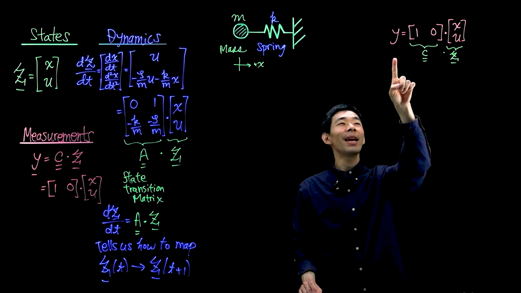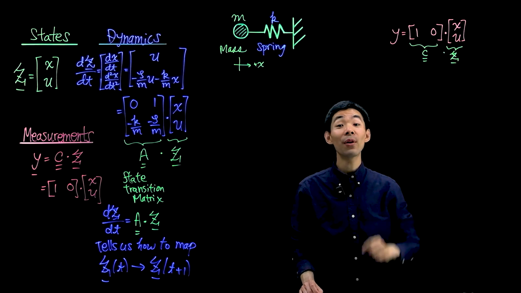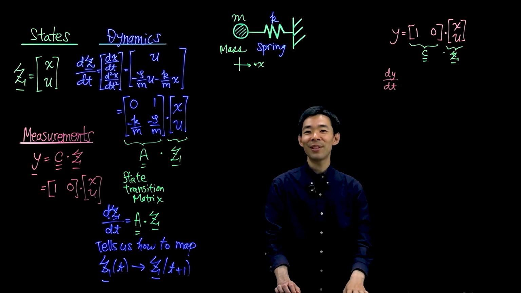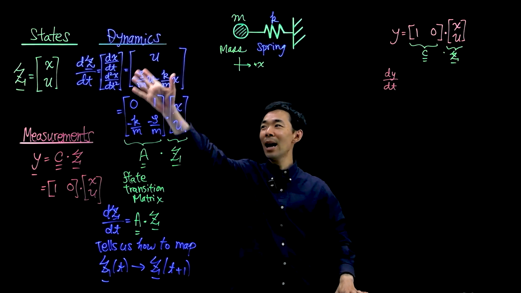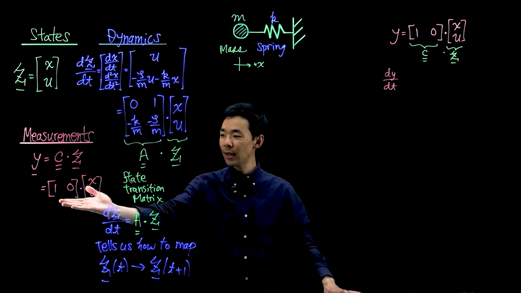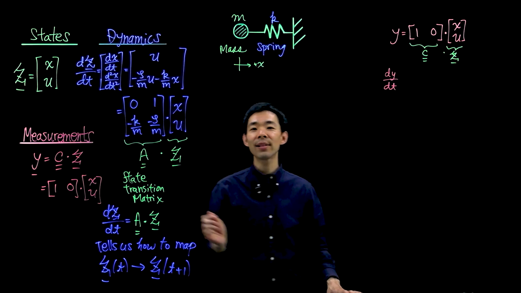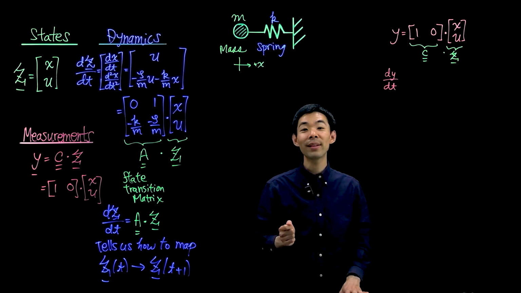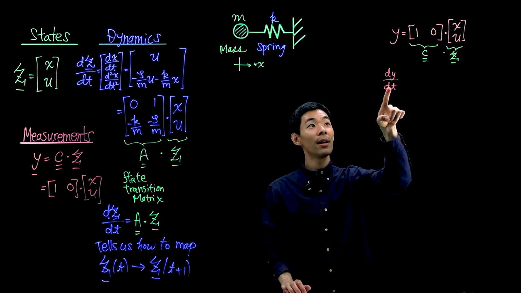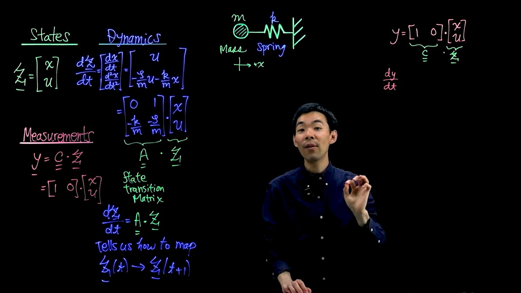Suppose we were to take a time derivative of your measurements y. I don't want you to get confused here. Your actual dynamics depends on z, but you don't have direct access or measurements of all of your states in z. You only have y. We're going to take a time derivative of your measurements.